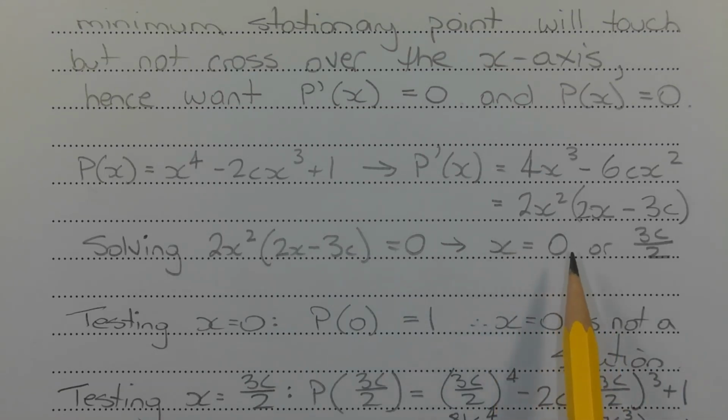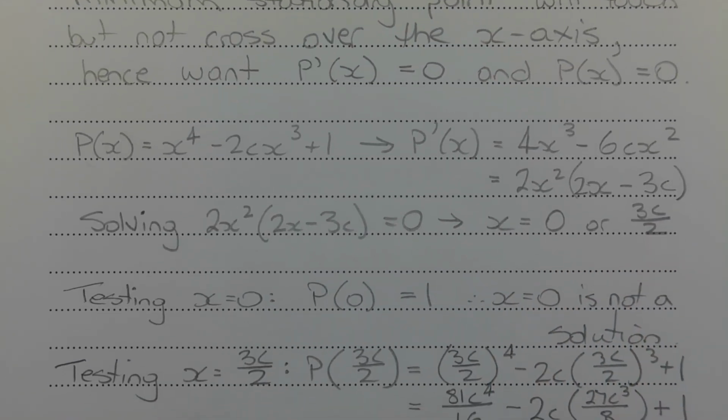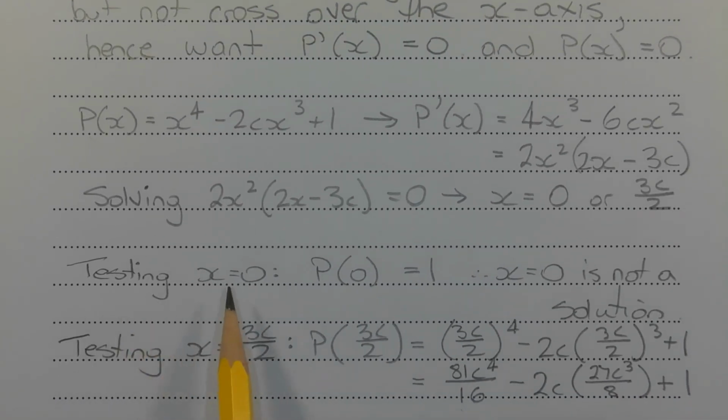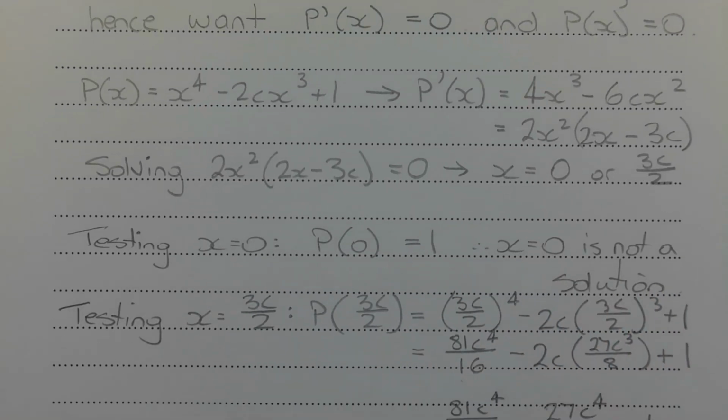We get x is equal to 0 or x is equal to 3c over 2. Now if we test x equals 0 using our function here, p of 0, we get 0 minus 0 plus 1. We get p of 0 is equal to 1, which means that it does not touch the x-axis. So therefore x equals 0 is not a solution.